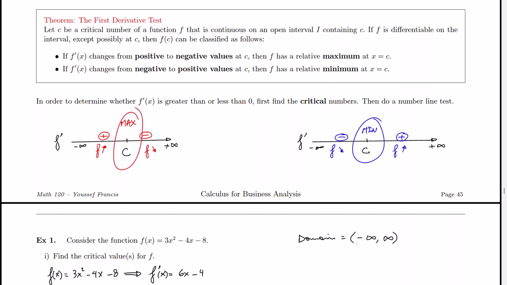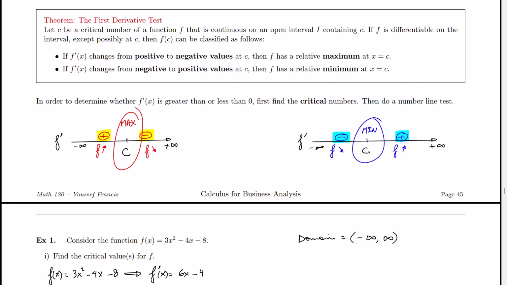So we're going to be drawing a number line, and we're going to do some testing to determine if the function is increasing or decreasing. If you see a plus on the test, then a minus, you'll know that you're dealing with a maximum point in between. On the other hand, if you have a decreasing, then an increasing function, then you'll know that the point in the middle is going to represent a minimum value for the function.